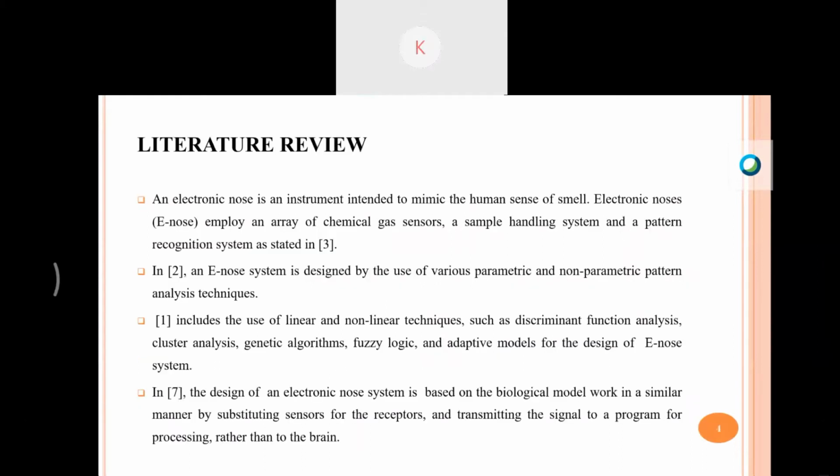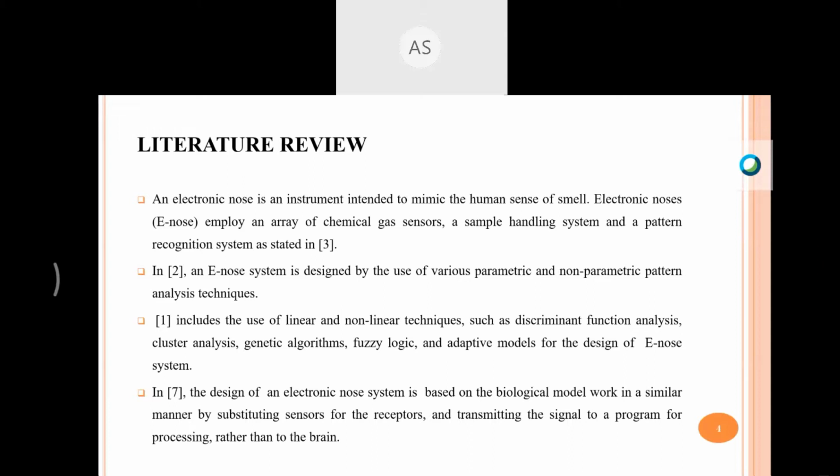The literature review. After going through a lot of papers and articles, we have found some basic common things which were mentioned in most of the articles dealing with e-nose technology. Some of those are that an e-nose, the electronic nose, is an instrument intended to mimic the human sense of smell.